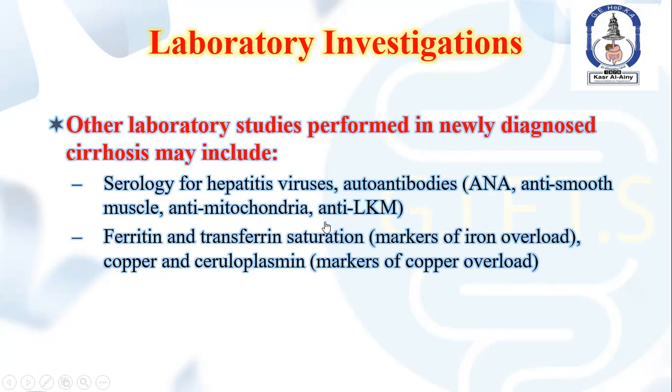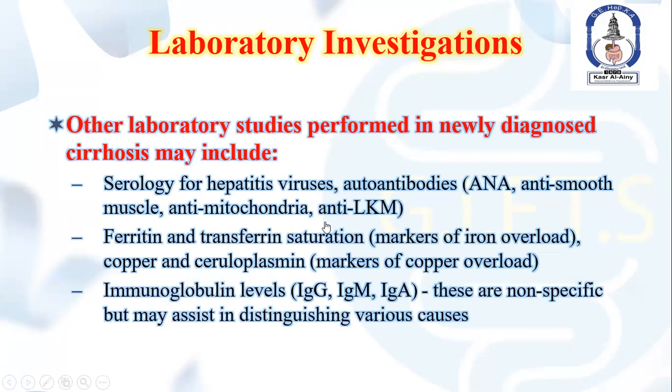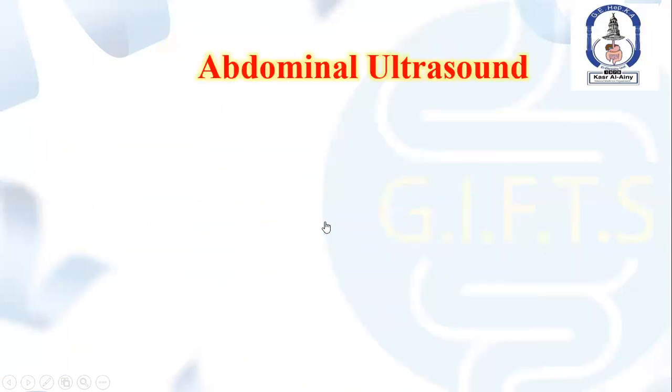Of course, this is not the best now. The best now is the 24-hour urinary copper excretion, immunoglobulin levels, IgG, IgM, and IgA for distinguishing further causes, and alpha-1 antitrypsin.